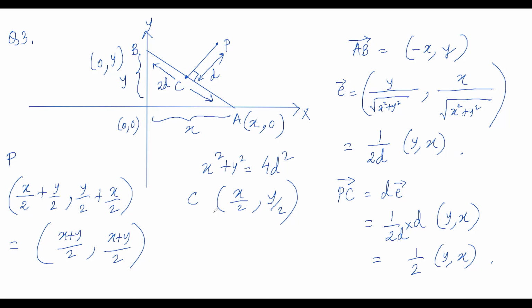So then we have to find its minimum and maximum. Now we have the condition x squared plus y squared equals 4d squared, and we have to find the maxima and minima of x plus y over 2.